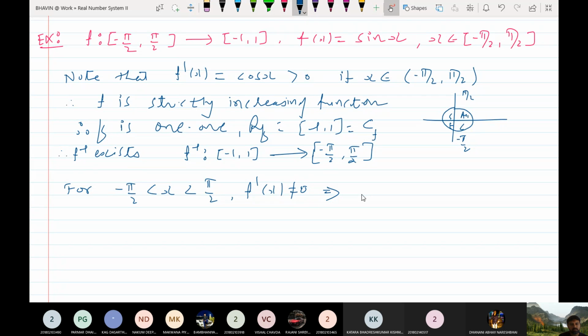Since f dash x is just cos x. Cos x, at which point is cos 0? So for, let me take, (2k plus 1) pi by 2. Yes, at pi by 2 cos is 0. Minus pi by 2 and pi by 2 we have excluded, these endpoints, therefore f dash is non-zero.